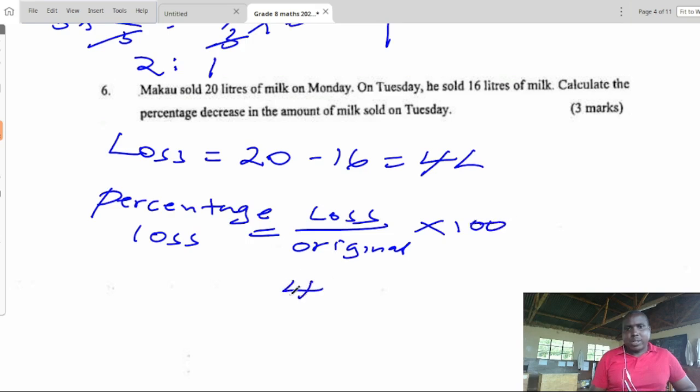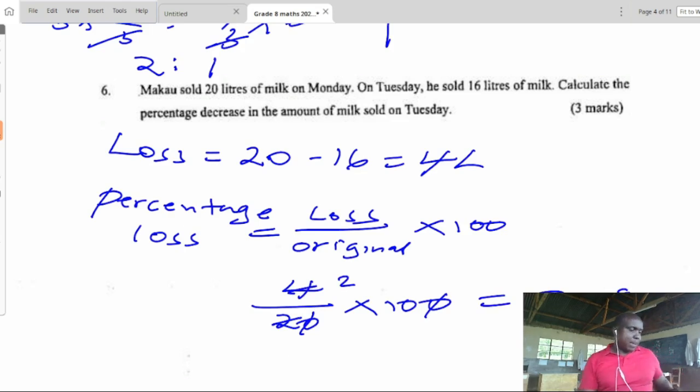So our loss is 4, original is 20, times 100. So there will be a 20% decrease.